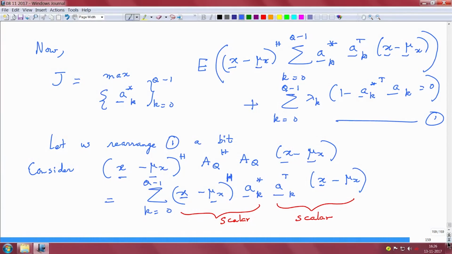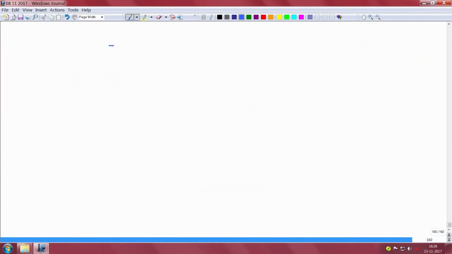So if I can reverse the scalars, what I can do is rewrite this as summation k equals 0 to Q minus 1 of A_k transpose (x minus mu x) times (x minus mu x) Hermitian times A_k conjugate.